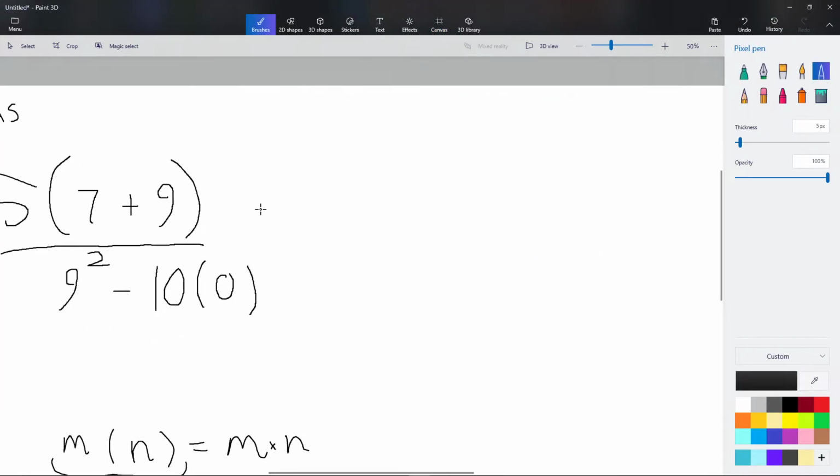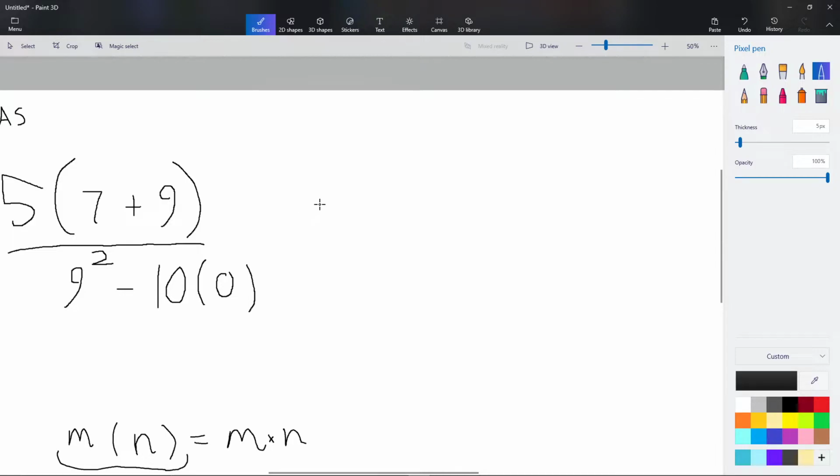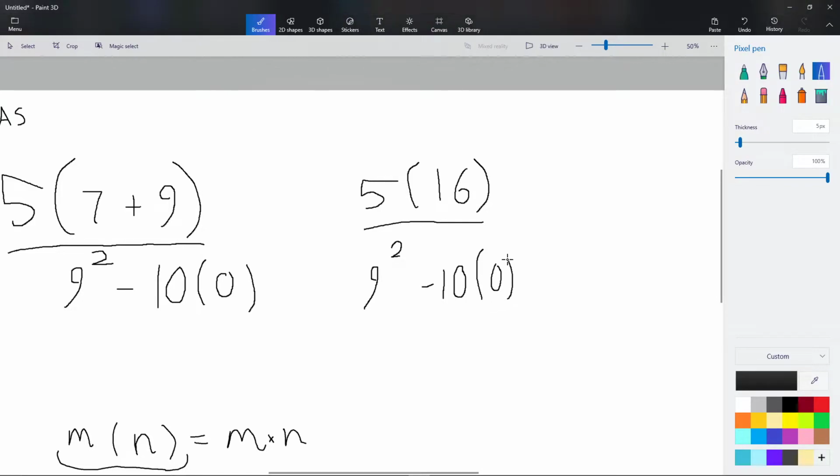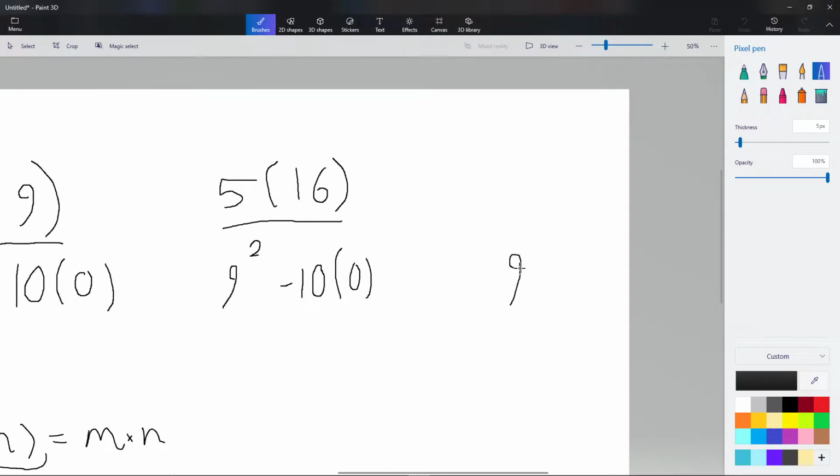So this is the same as writing 5 times 16 over 9 to the second power minus 10 times 0. And the little trick about 0 is that anything times 0 will always be 0. So we can already just say that this is the same as writing this over here.